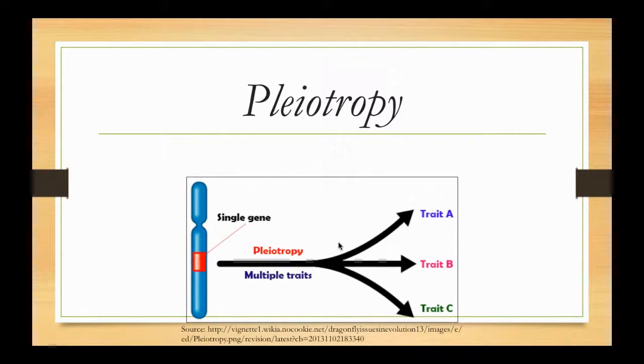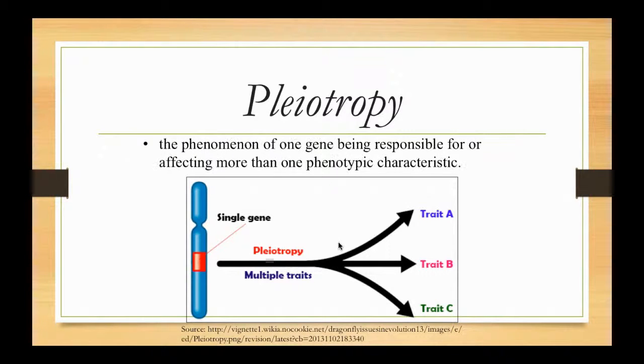And pleiotropy. Pleiotropy can be found in many different forms, but mainly it is viewed as causing inherited disease and disorders. Pleiotropy is the phenomenon of one gene being responsible for or affecting more than one phenotypic characteristic. So like I said, it is viewed as causing inherited disease and disorders.